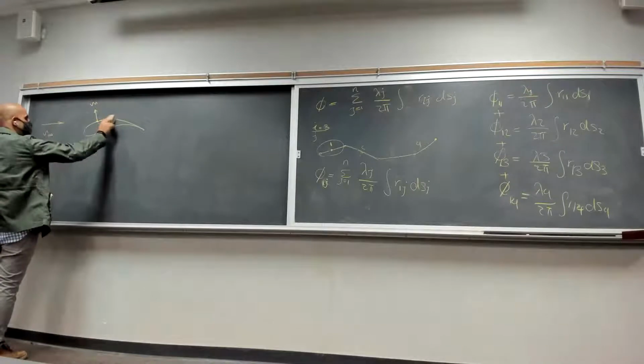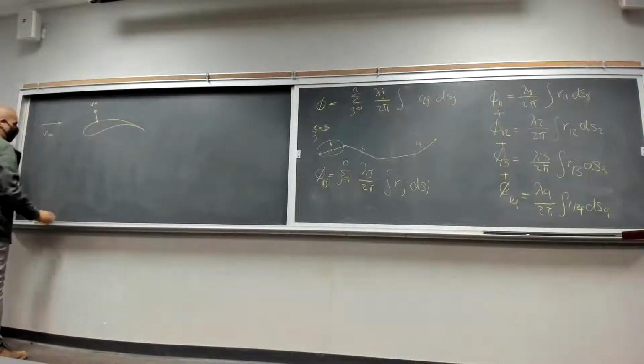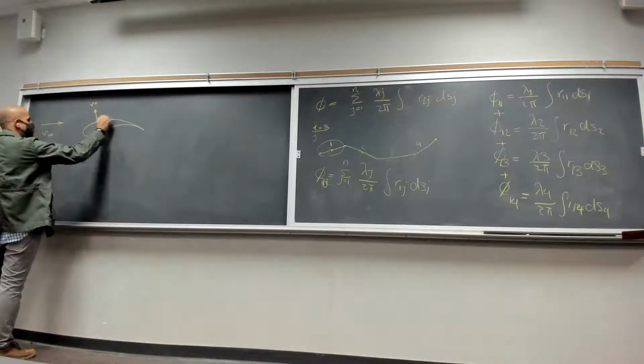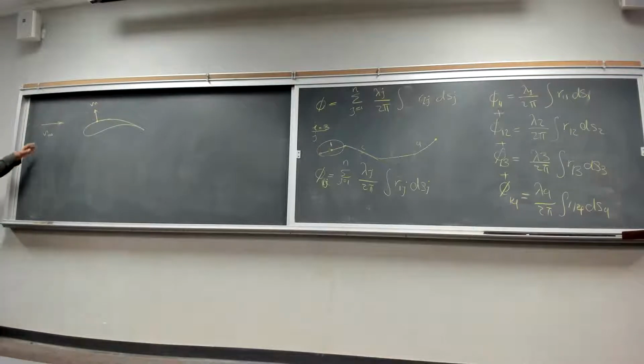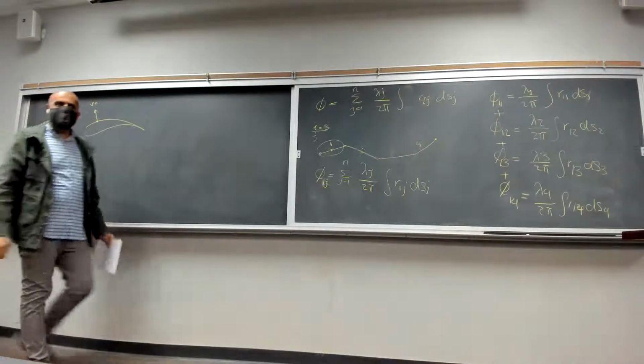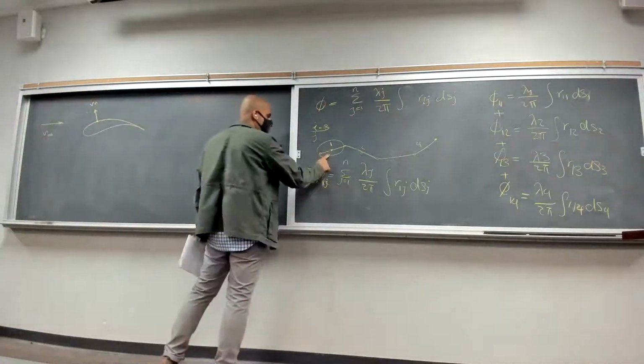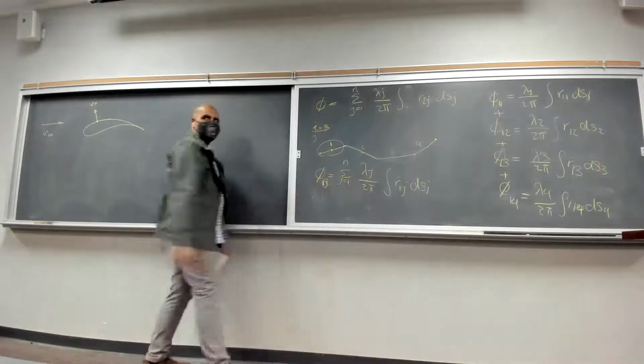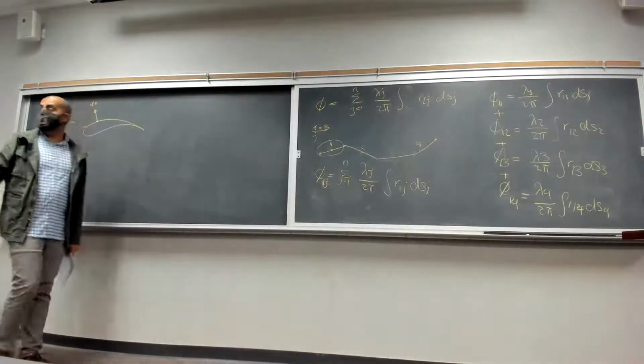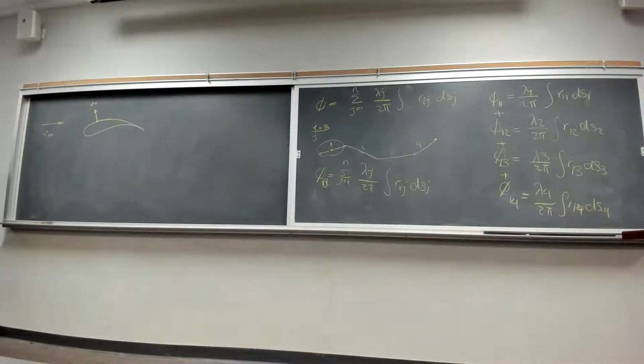Okay, so here, for velocity Vn, we are going to have two velocities. One is going to be one component of V infinity. And the other one is the velocity induced at each point by these sources that we are going to replace the airfoil with. So two velocities.